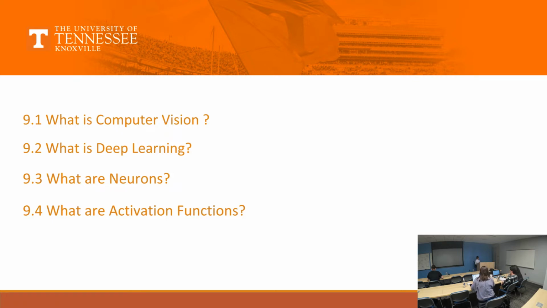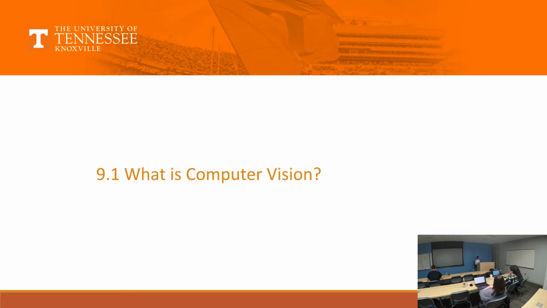I will discuss something in detail about computer vision and about deep learning. We talk about neurons, then we talk about activation functions. And then I will do the coding in front of you for a very, very easy ML model. So let's begin. So what is computer vision?